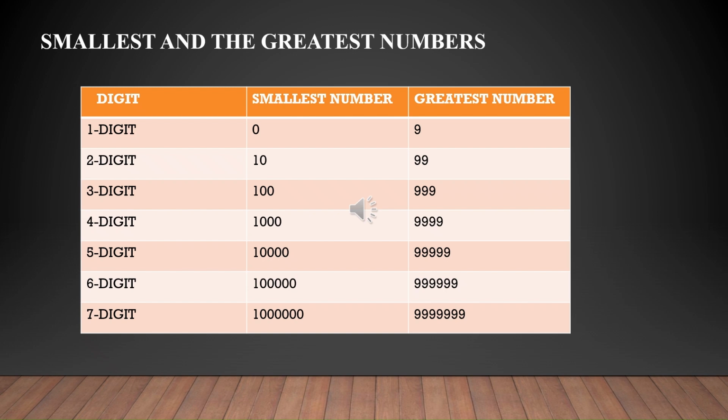So in this way we have till 7 digits and we can extend the digits also. So here is a table so that you can remember which is the smallest number and which is the greatest number.